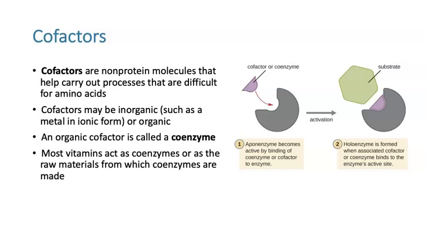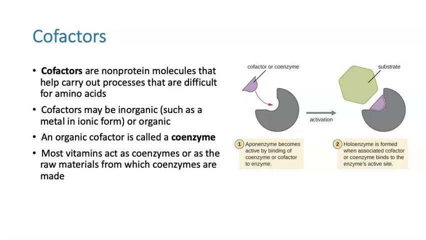Coenzymes are always organic. So take a look here at this cofactor or coenzyme, and here's that active site. This cofactor or coenzyme fits inside that active site, binds to the enzyme, and it kind of changes the shape of that enzyme so that this flat bit of the substrate can fit very nicely in the flat bit of the enzyme.